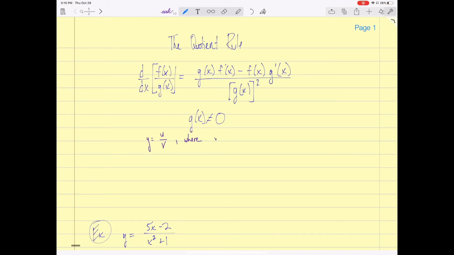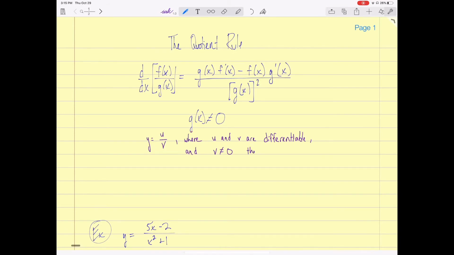where u and v are differentiable, just means you can take the derivative. And v cannot be 0, have to have that.